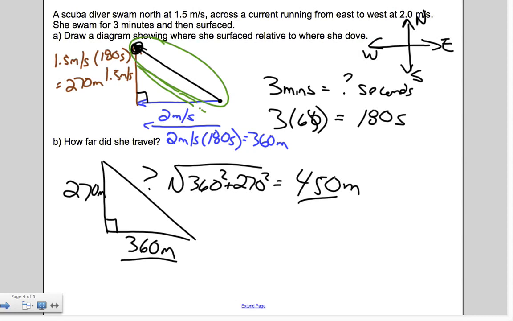You apply the same thing, Pythagoras theorem of 2 squared plus 1.5 squared, take the square root of that, and we get 2.5. So you get 2.5 meters per second. You take that 2.5, multiply by 180, you get 450. So you get the same answer, right?